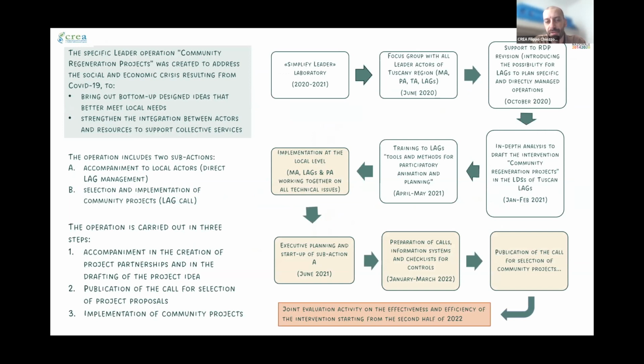We heard some examples from our colleagues: umbrella projects, small case projects, and one of them is complex integrated multi-measure projects shared by a group of beneficiaries, gathering partnerships with a leading partner.